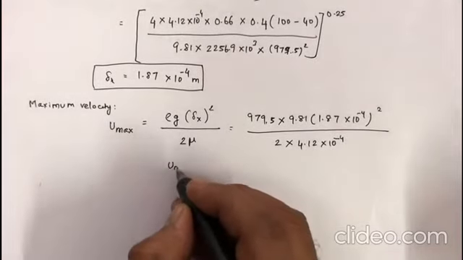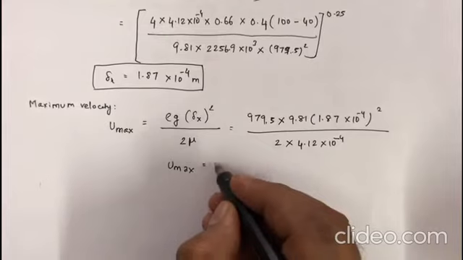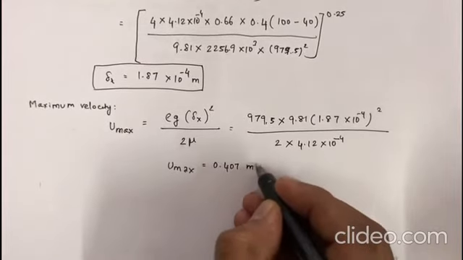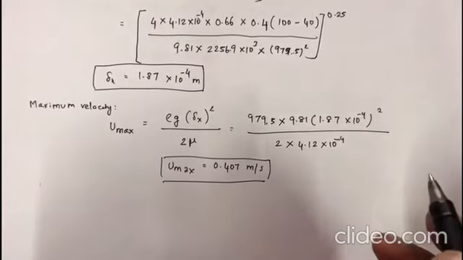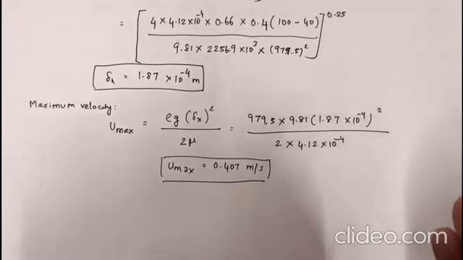So Umax will be 0.407 meters per second. This is the maximum velocity at the bottom of the plate.